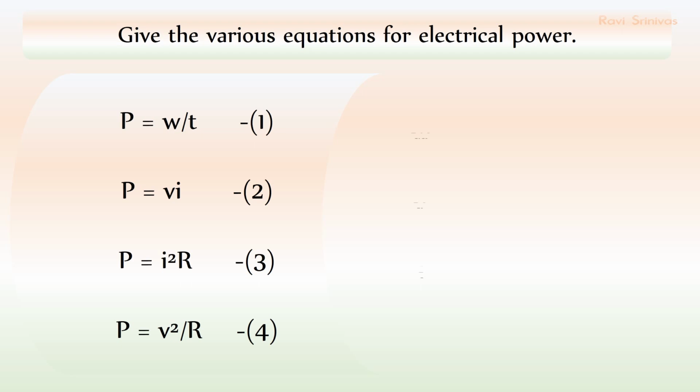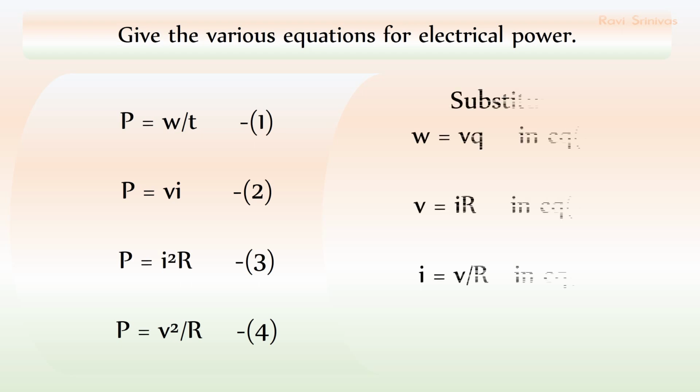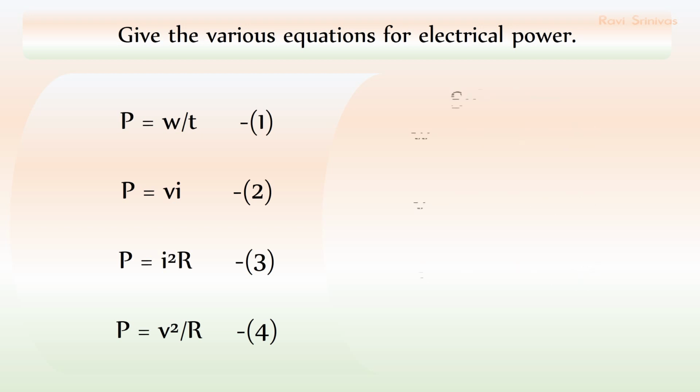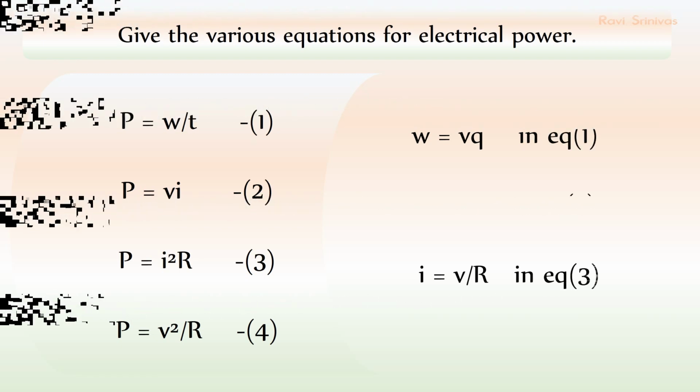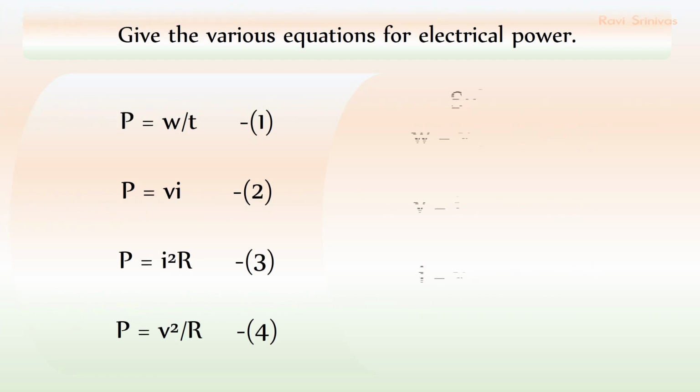Let us now study the various equations for electric power. From the definition of power, we know power equal to work by time. From the definition of potential difference, we have W equal to VQ.